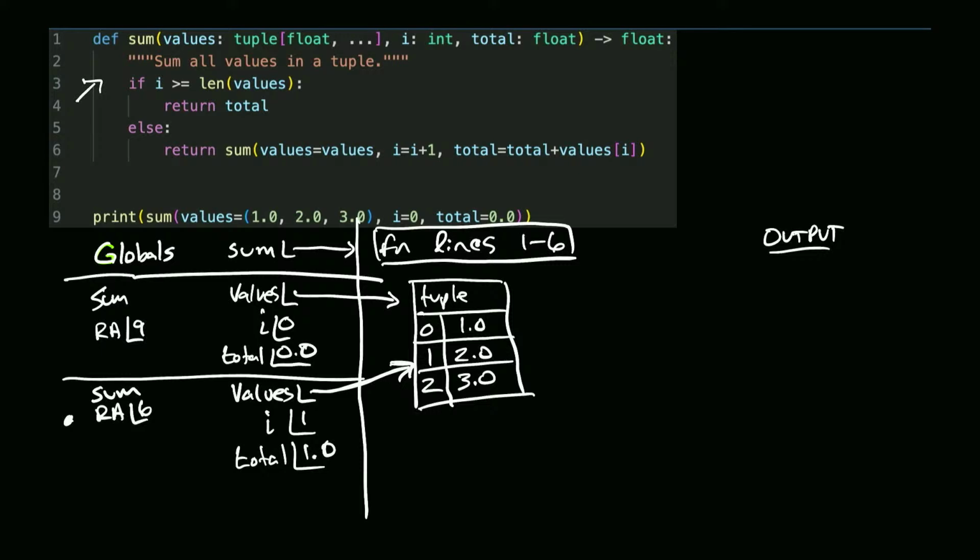So values[i]. Yeah. So 1 plus 1 will be 2. And then same thing, it's 2 greater than values. How many values?